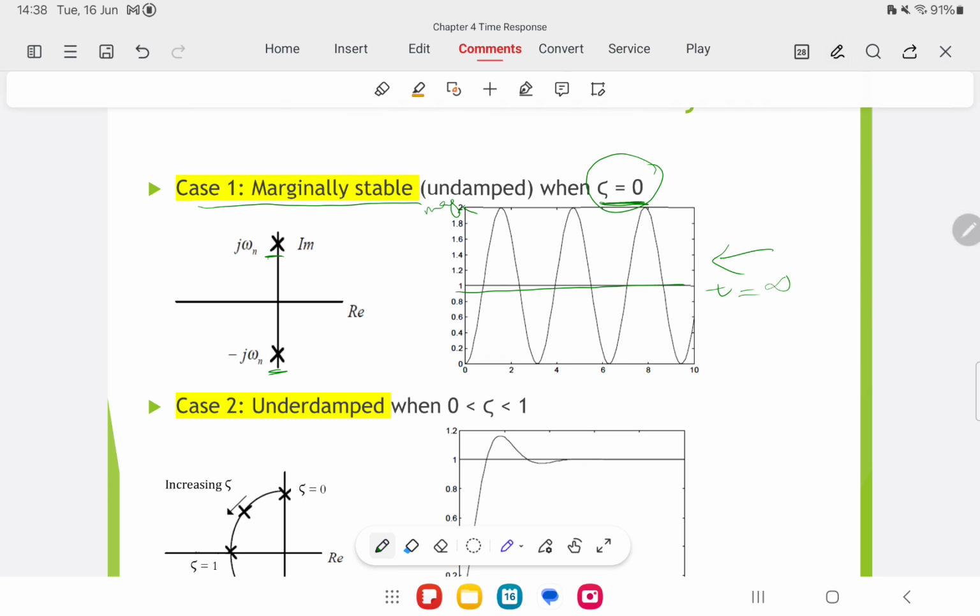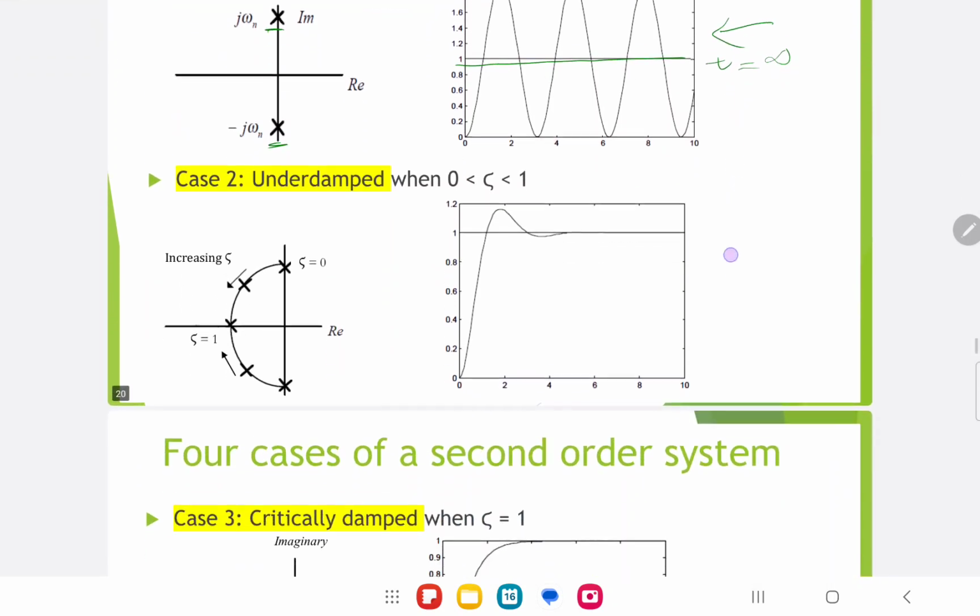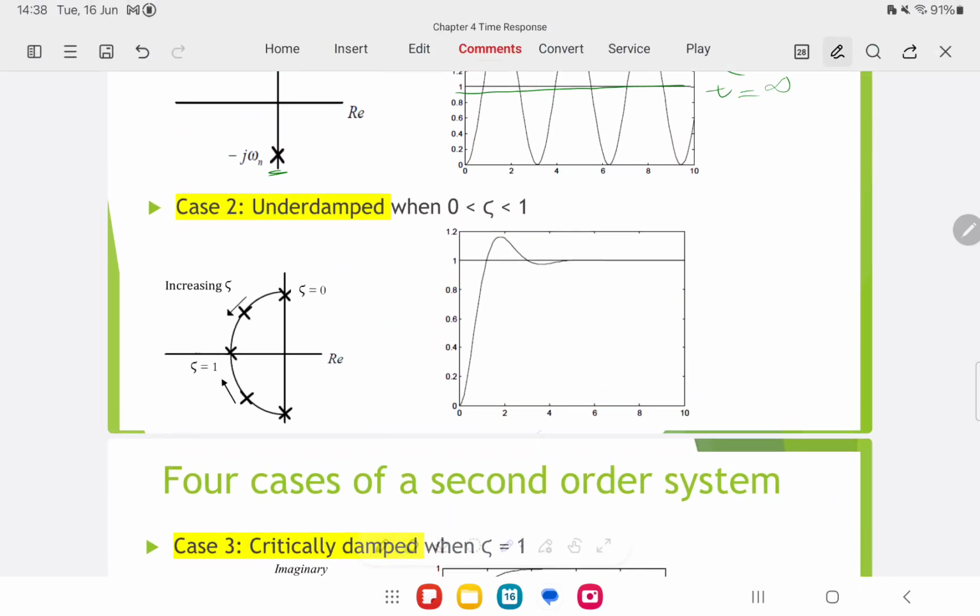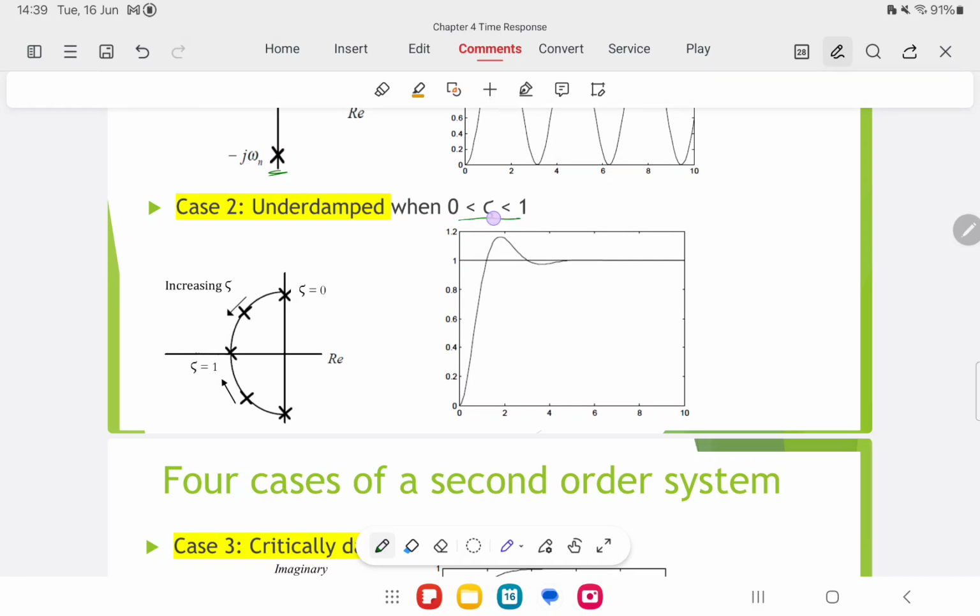The second condition, case 2, is underdamped. For underdamped, the value of zeta is between 0 and 1. The poles sit there. And the graph will be like this: overshoot, then only it becomes stable.